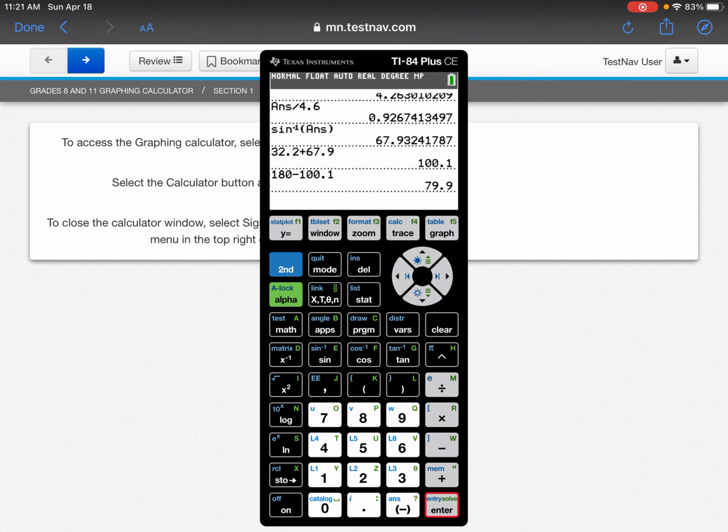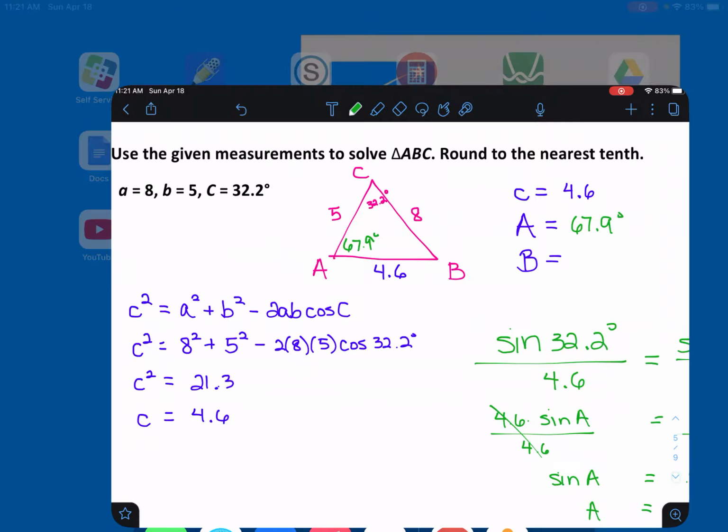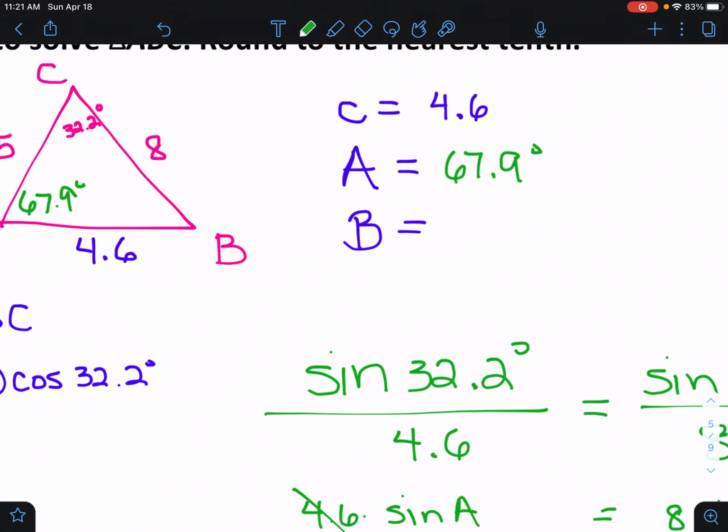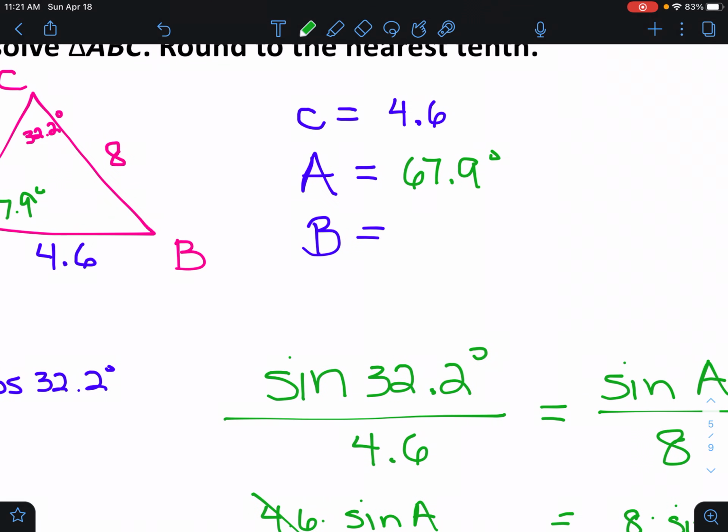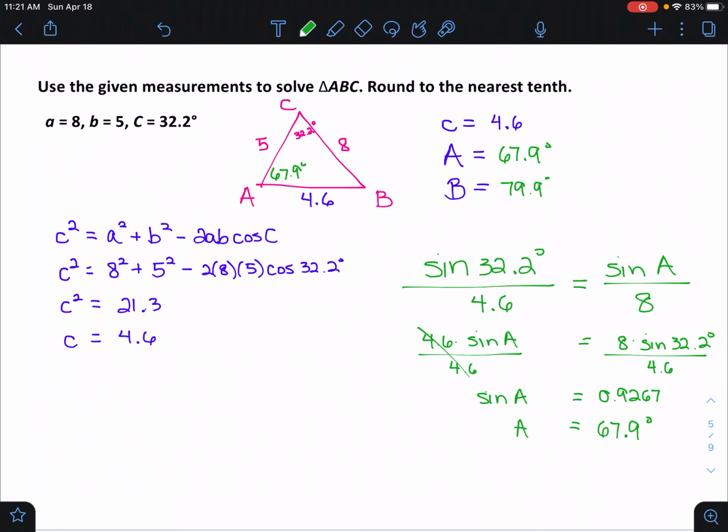So my last angle will be 79.9 degrees. All right, so we've used lots of strategies here to solve that triangle, but these would be the three things that I'd be looking for. Make sure you are careful with your calculator work and employ some of those strategies we just talked about.